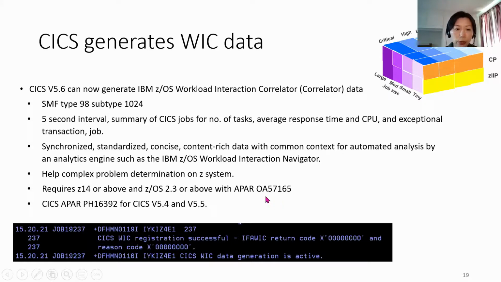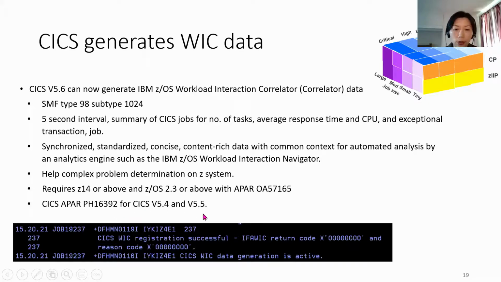For that feature you would need z14 or above and z/OS 2.3 or above with the z/OS APAR OA57165. And the CICS capability is also provided for 5.4 and 5.5 through the APAR PH16392.